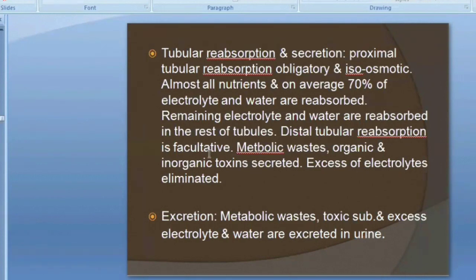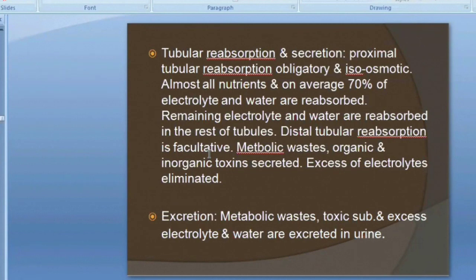These hormones influence the absorption of the nutrients. Now, the electrolytes, and the main electrolyte is sodium. Is it clear?